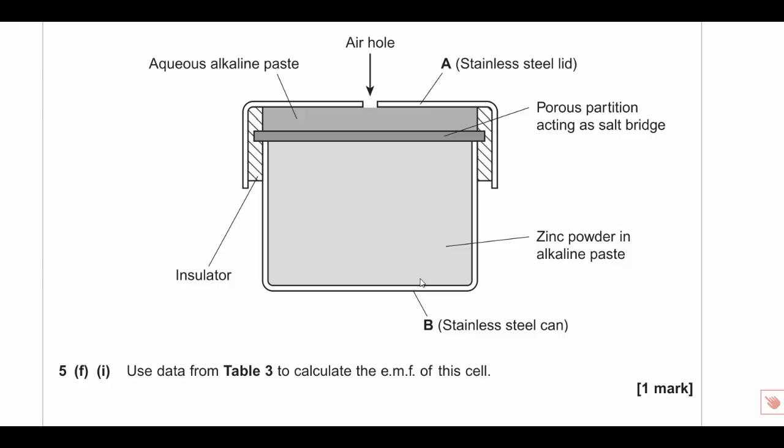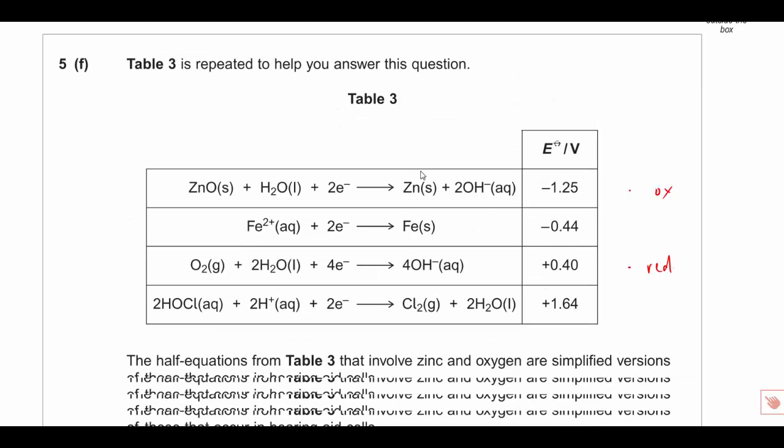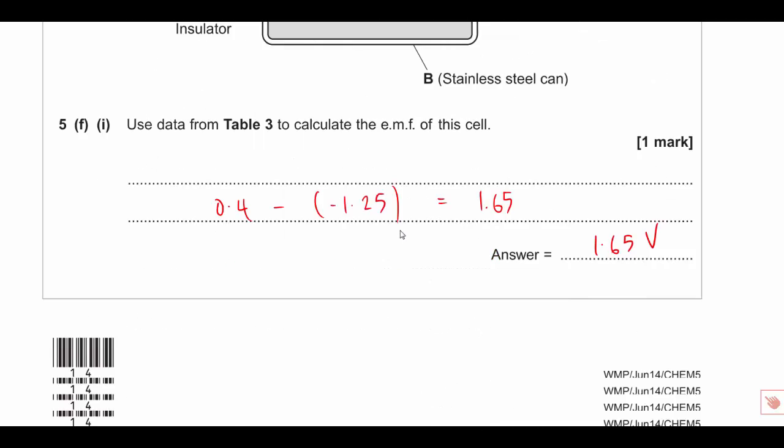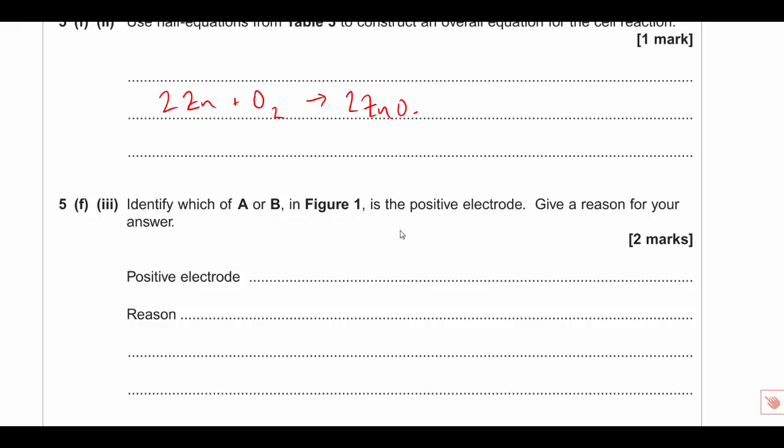Positive electrode is going to be where the reduction takes place. So it's going to be that one there. Air hole here. So that is where the reduction is going to take place. So it's going to be A. Positive electrode is going to be A. The oxygen obviously coming from the air hole.